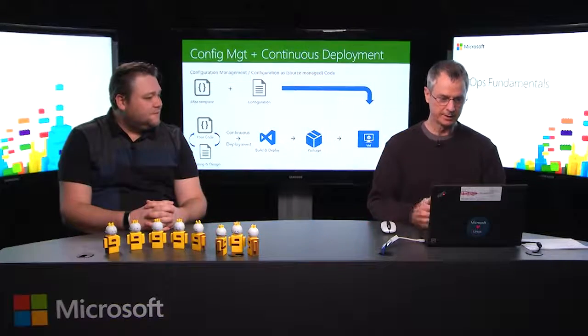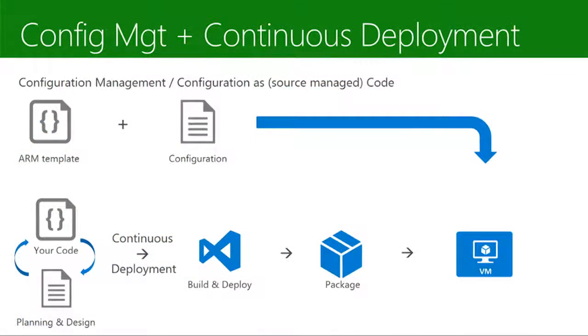I'll be showing configuration management, but I also wanted to put it in the context of continuous deployment, which is a key practice inside of DevOps. With configuration management, we think in terms of configuring the infrastructure, as Thiago was just saying, but also configuring the contents of the VMs in their various roles.